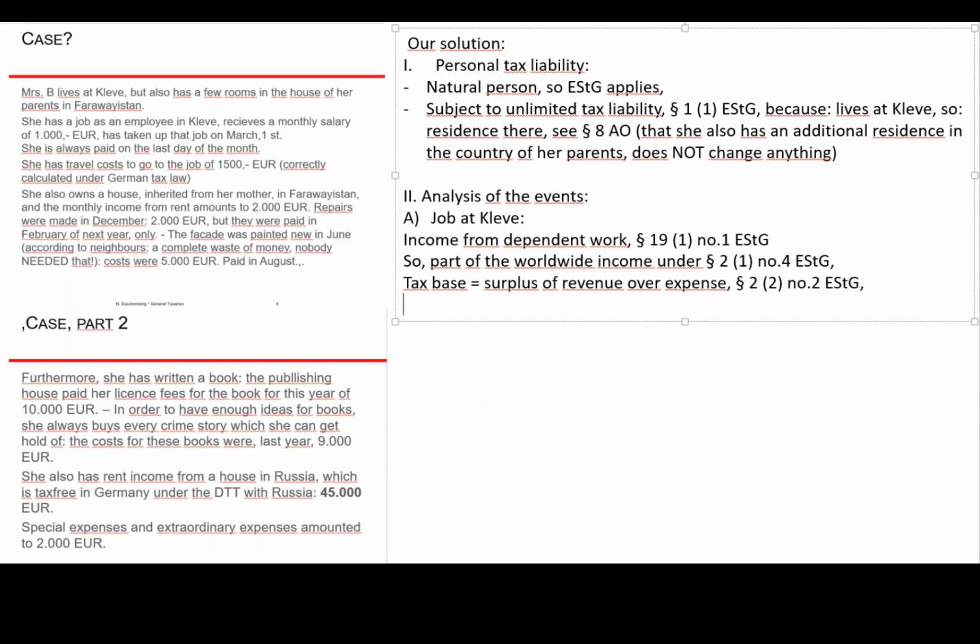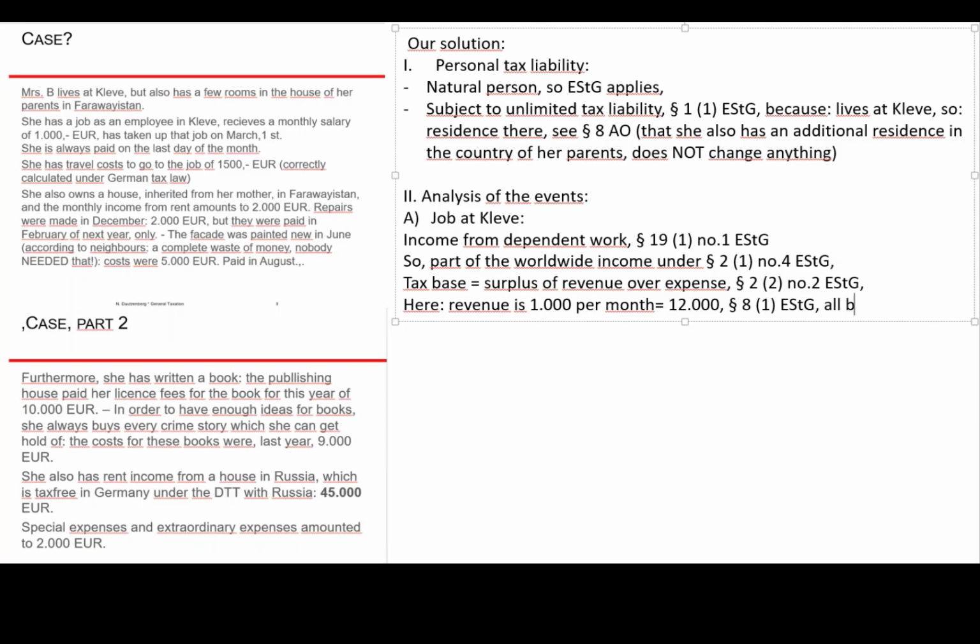And now we are going to look for revenue and expense. So here revenue is 1,000 per month, 12,000. That's revenue because it's money.